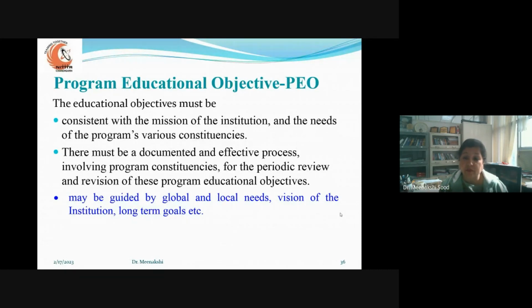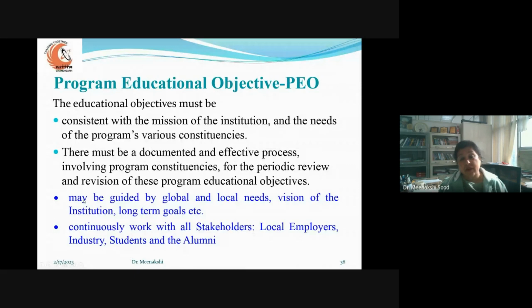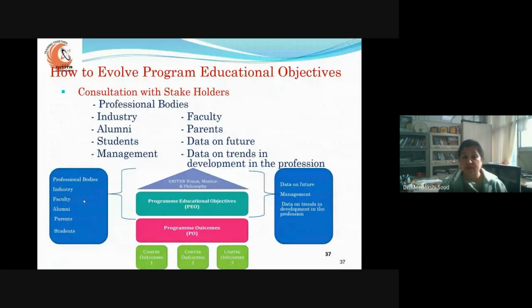When the NBA team comes and you say that you have modified the POs, concrete evidence has to be provided to justify that it was mandatory to modify them. So a proper committee, a process, and supporting documents at every level have to be provided.